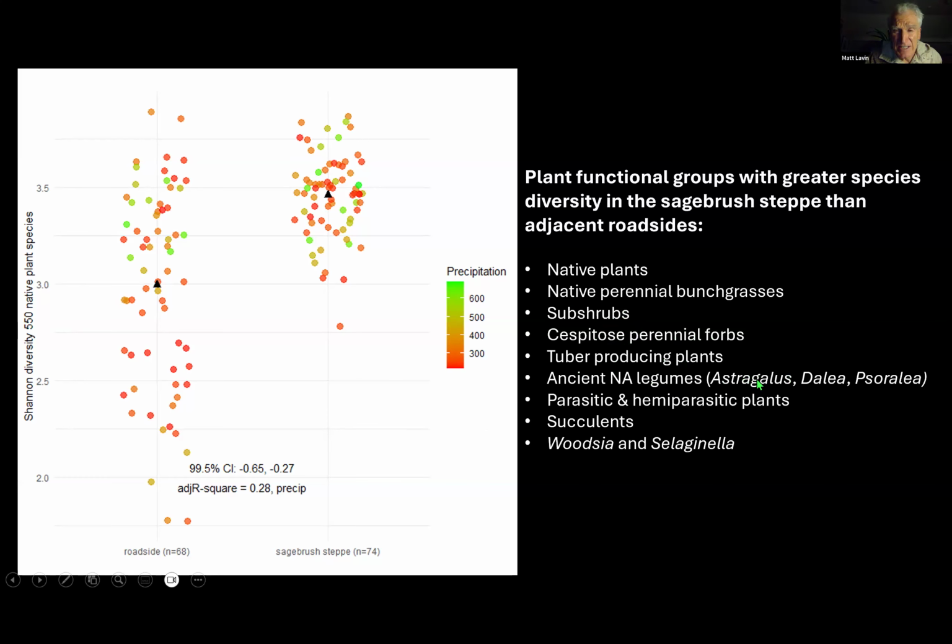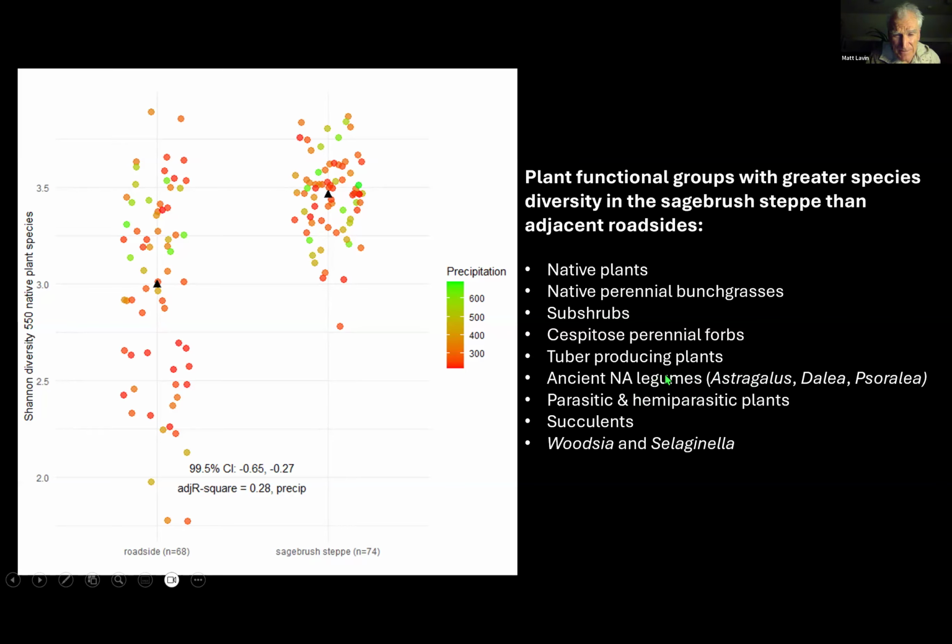These are the legumes, like the New World Astragalus, Dalea, Lathyrus, where genetic evidence suggests they are paleo-endemics. They've been evolving in North America for at least the last 4 million years, if not longer, and they have lots of endemic species.